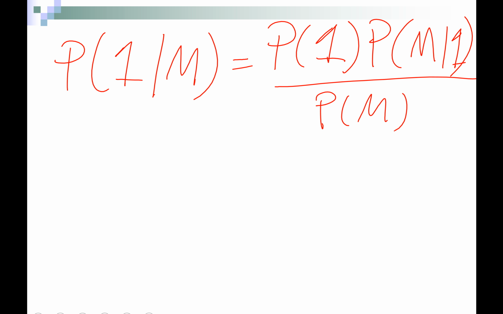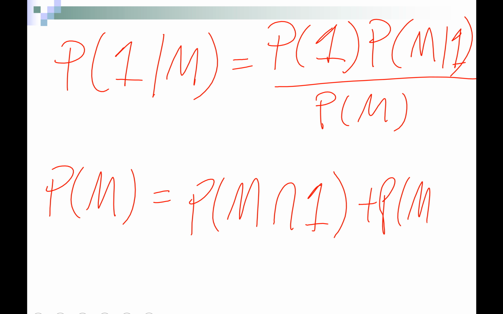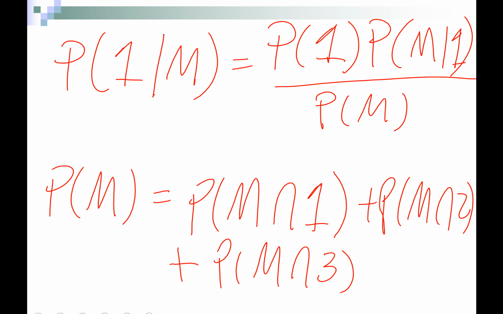Okay, so how do we get this probability of opening door number 3? Well, this is the probability of opening door number 3 and the money behind door number 1, plus the probability of opening door 3 and the money's behind door 2, plus the probability of opening door 3 and the money's behind door 3.